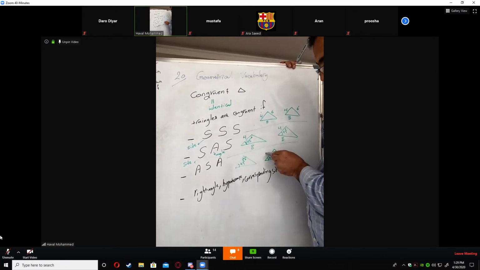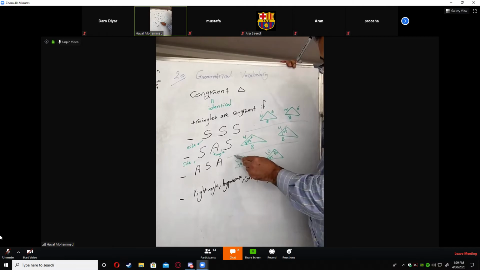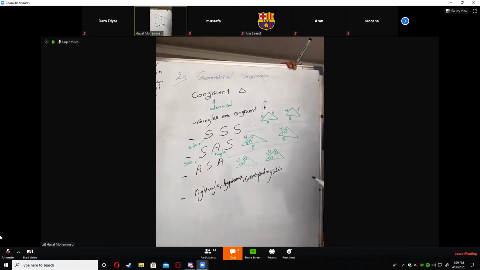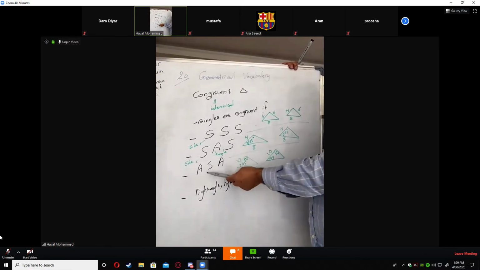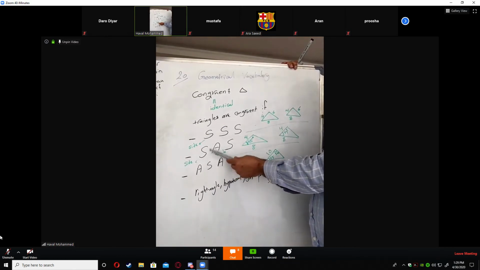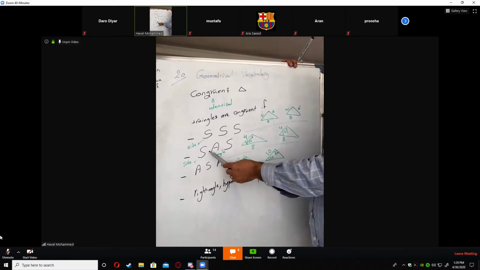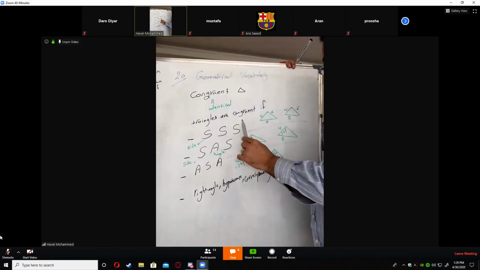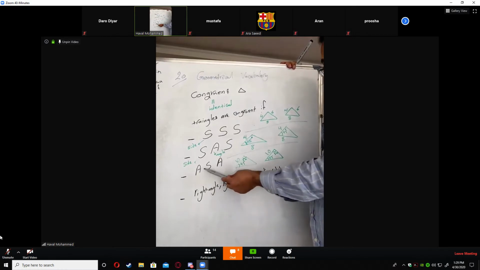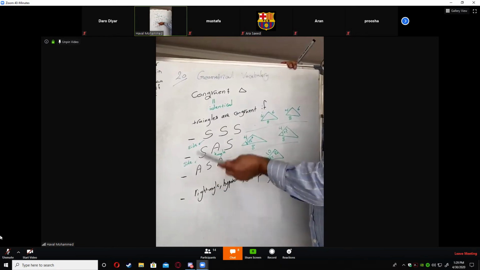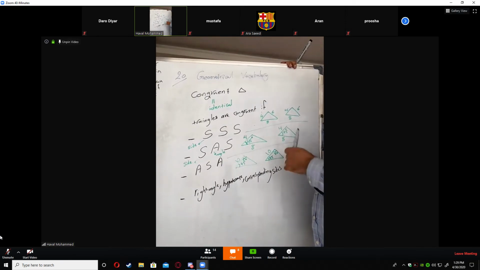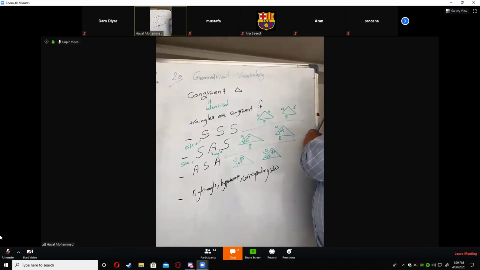This is 10 centimeters, this is 10. Then we're saying these 2 triangles are congruent. Remember that in the first case, the 3 sides is fine. But in the next 2, the angle should be between the 2 sides, and the side should be between the 2 angles, not any other. Clear now? Any question?